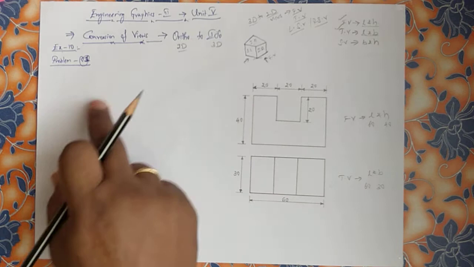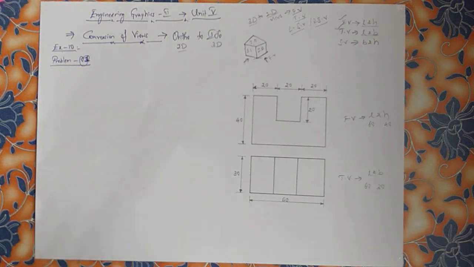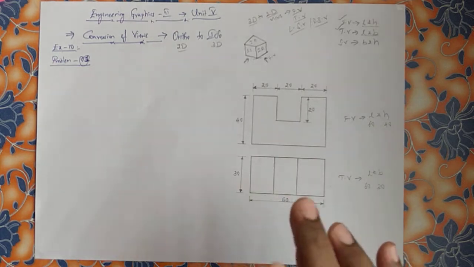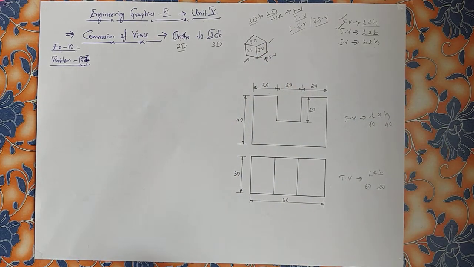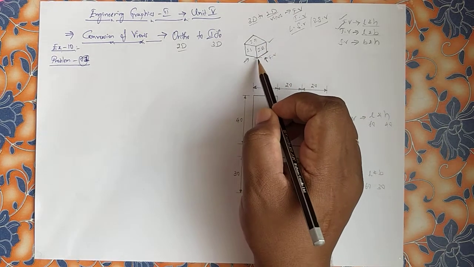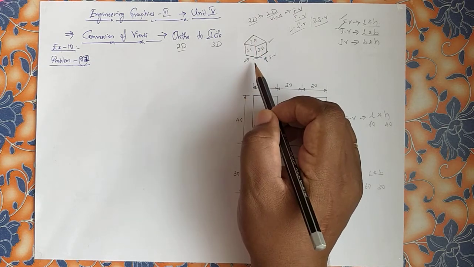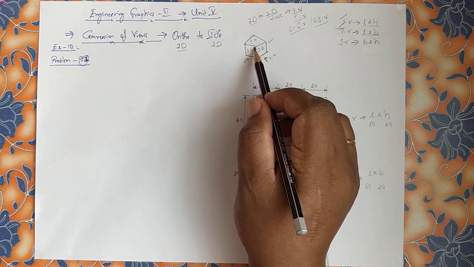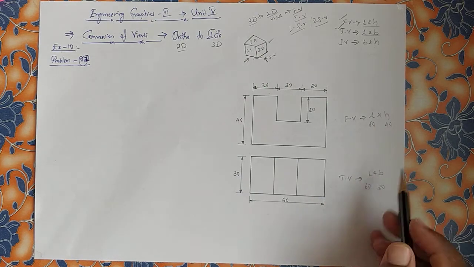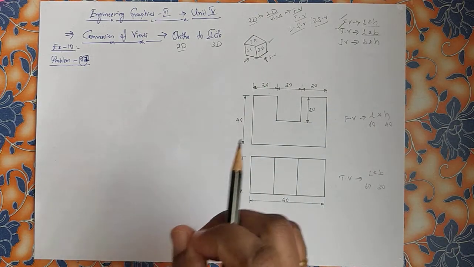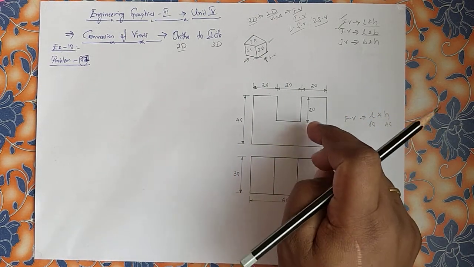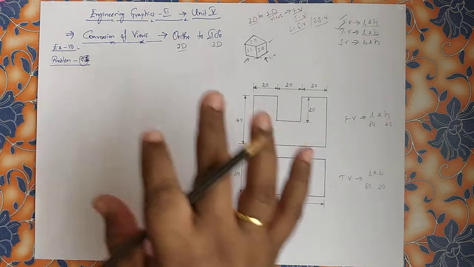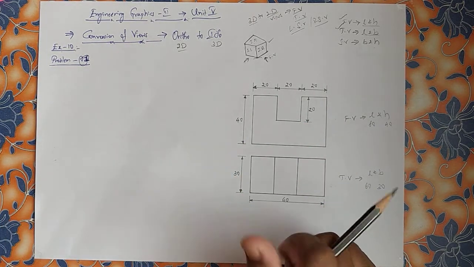Then we generated the 3-dimensional view with the help of the box method. The same concept applies here. We are supposed to develop a box like this, nothing but iso right, iso left and iso top. In this box, with respect to these dimension parameters, we are supposed to insert this front view and top view so that it looks like a 3-dimensional object.